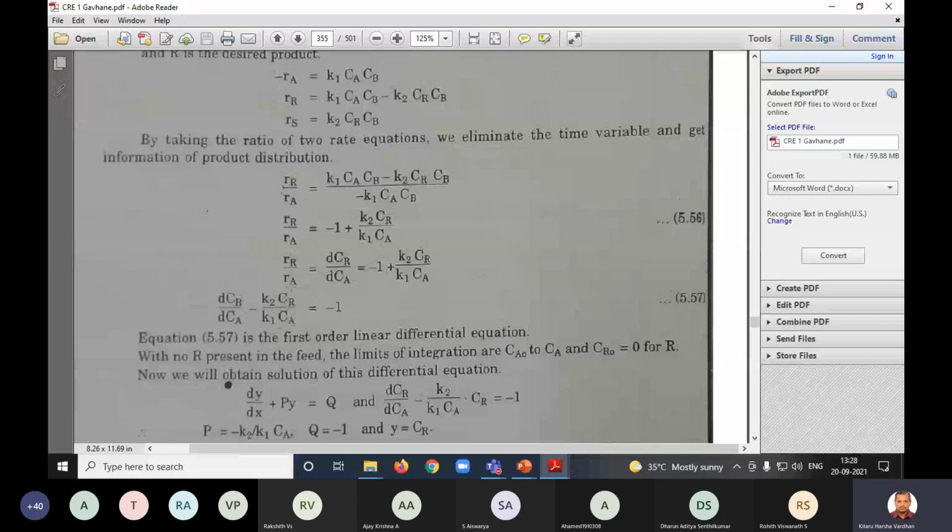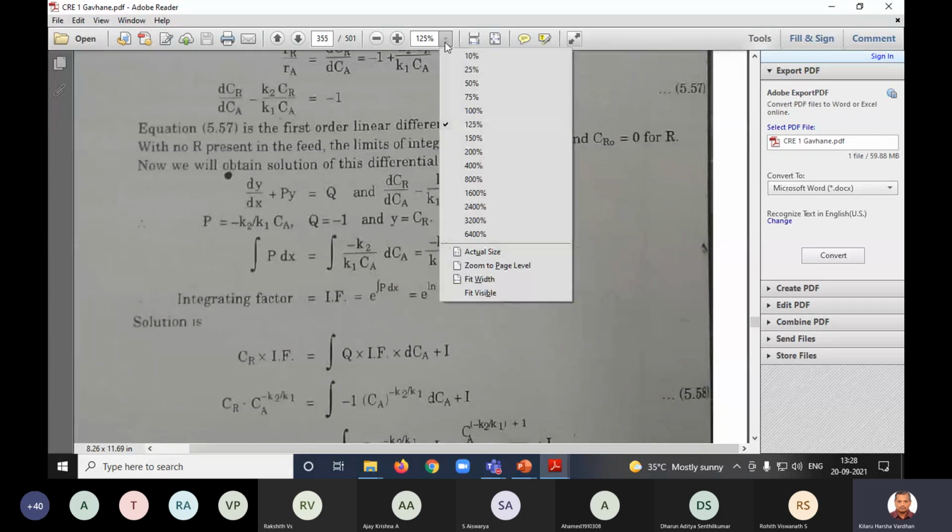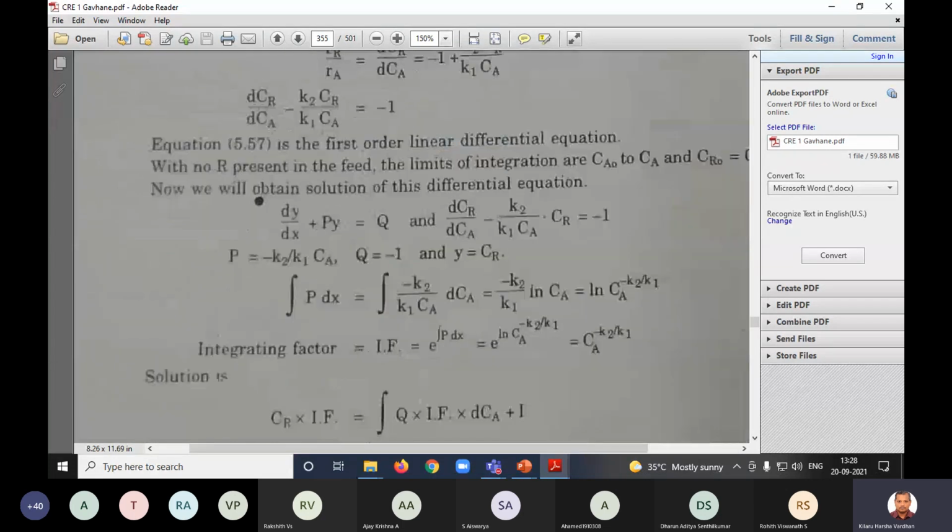So what is RR by RA? RR by RA is nothing but dCR by dCA, which is minus 1 plus K1 by K2 CR by CA. So the differential is in terms of CR and here the CR term is coming. So you take this fellow to this side and then write it. So you can write like this, right? You can write like this.